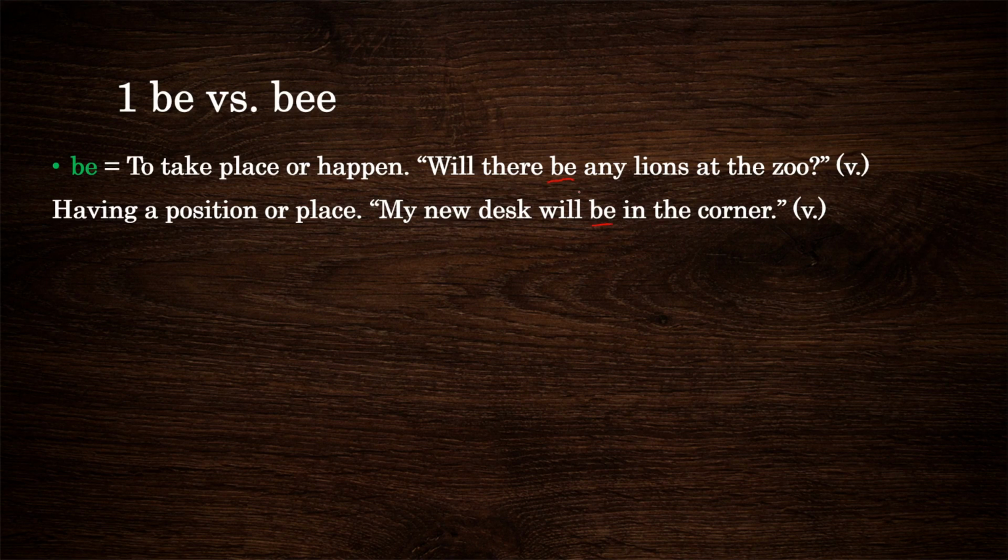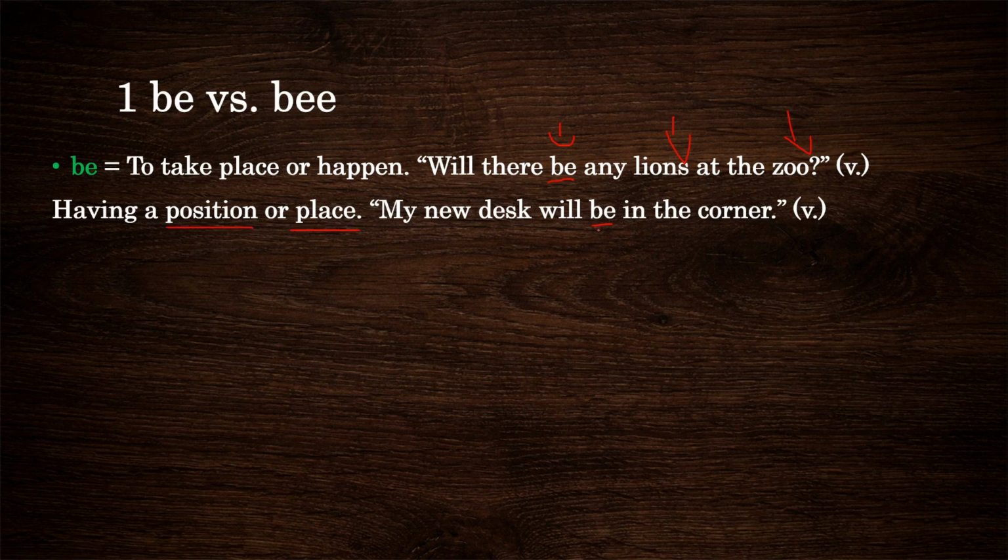Let's look at the definitions of these bes. Will there be any lions at the zoo? This is the be. It is talking about the lions and where they will be, or their position. The zoo. So it is one E because it is where the lions are, the place of the lions.